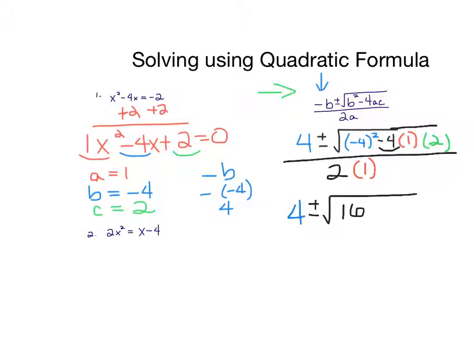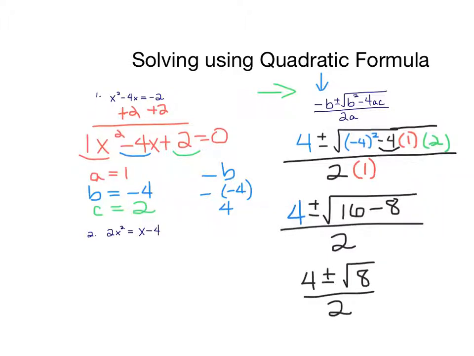And then that way, whatever number you get is the sign that's going to be there. So I multiply mine as a -4 times 1 times 2, which gives me -8. And then 2 times 1. And then now I'll subtract what's under the radical. And I get 16 minus 8 is 8. So 4 plus or minus the square root of 8 divided by 2.